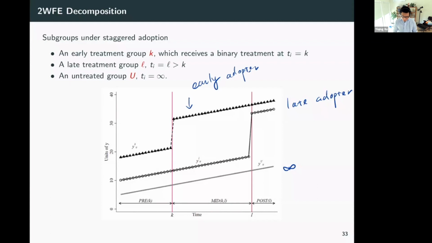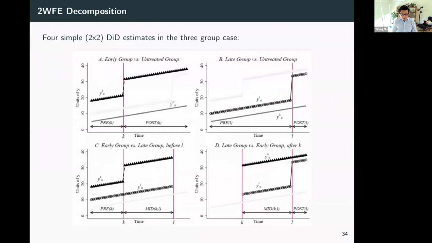Okay, one is K, one is L. Let's say, it's simplified, of course, the data may be more complex. Let's say the staggered adoption data only have these 3 groups of units: never treated, a late adopter, and an early adopter. And if you apply a two-way fixed effects model to data like this, you essentially are estimating a weighted average of these 4 small 2x2s.